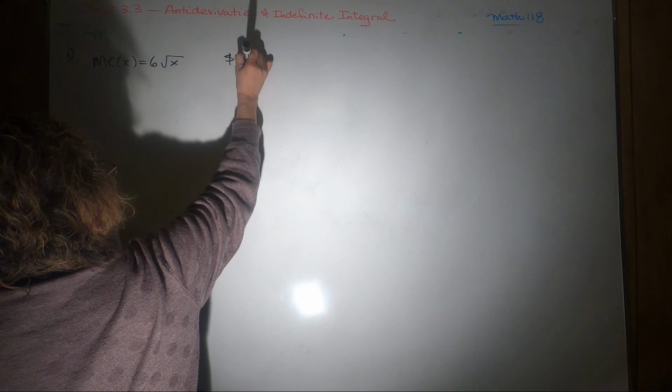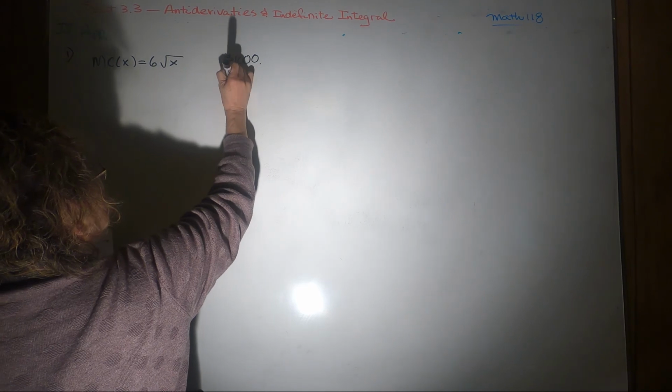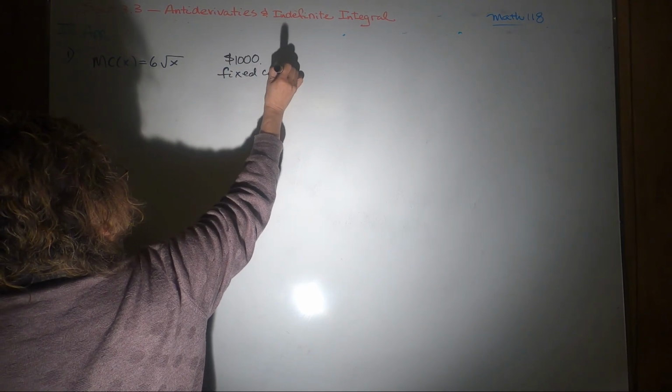And the fixed cost is $1,000. Find the cost function. So that's a fixed cost. When you see a function with x, you need to find out what x means first before you can go any further, right? So here it says the marginal cost function is this.